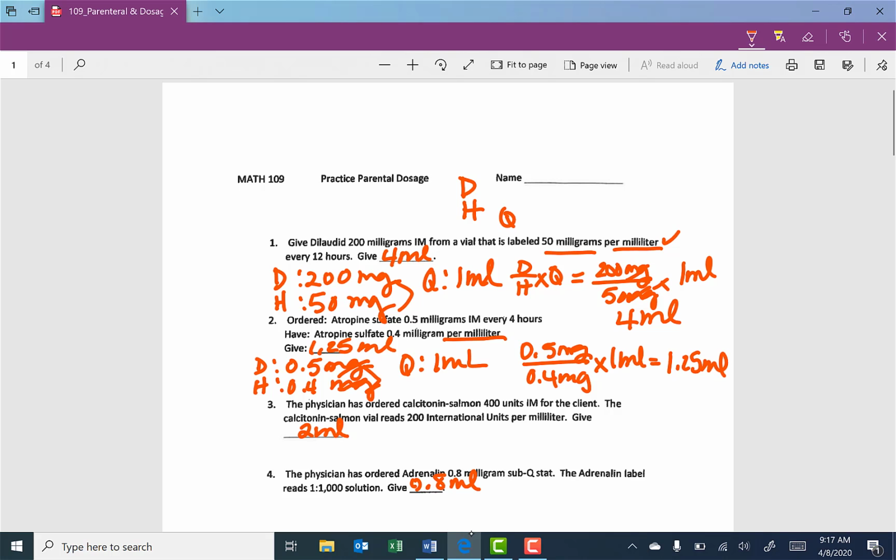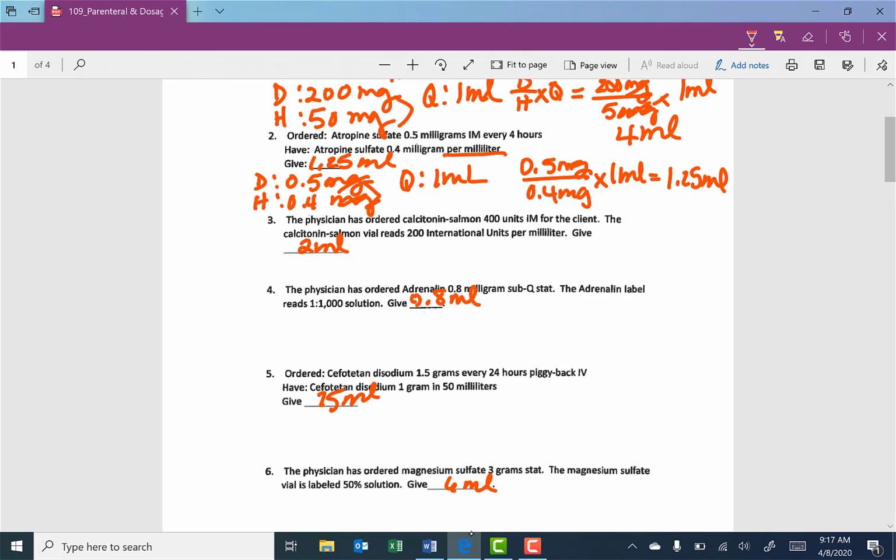Okay. The rest of these problems are fairly simple. They're just like this. Let's see, number 4. I might have a second here to do number 4 if I have enough room. 4 is a little bit different because you start with what the doctor ordered. So the doctor orders 0.8 milligrams. And you have on hand 1 to 1,000.